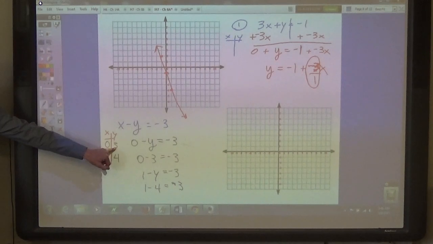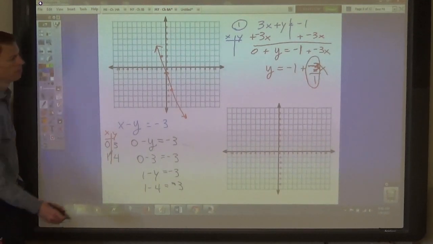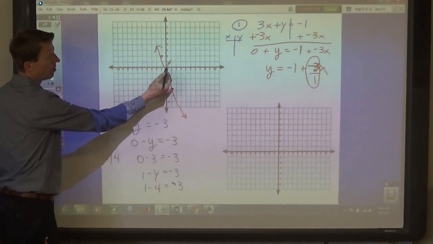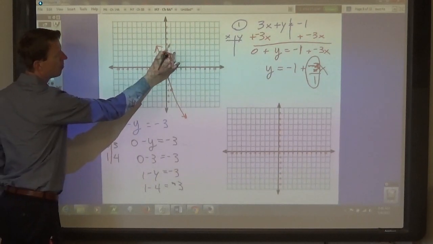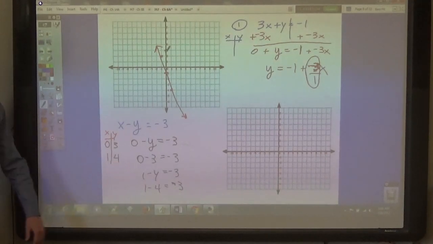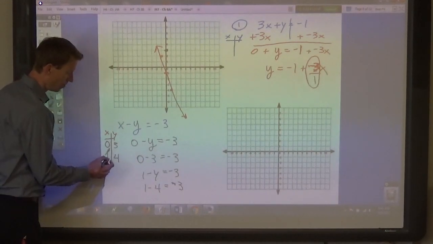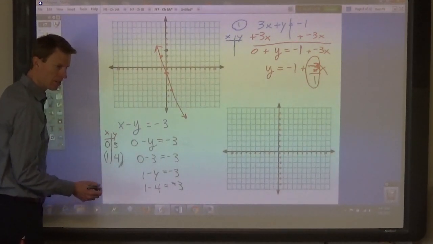Where is 0, 3 on the graph? Emily? Up 3, yep. 0, 3. Where is 1, 4 on the graph? Jeremiah? Nope, these are ordered pairs.